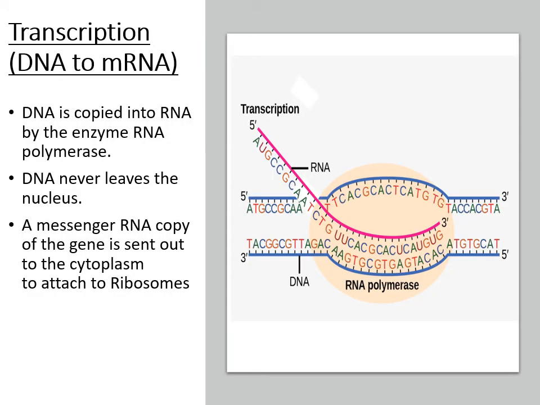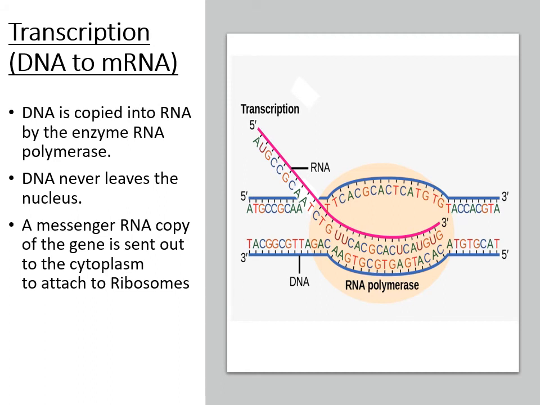So we did the overall process there. Let's go back into the nucleus. Transcription is the process of making a copy of messenger RNA from the DNA. So the DNA is copied into mRNA by an enzyme, and this process is called transcription within the nucleus.